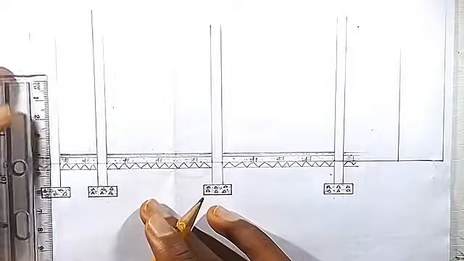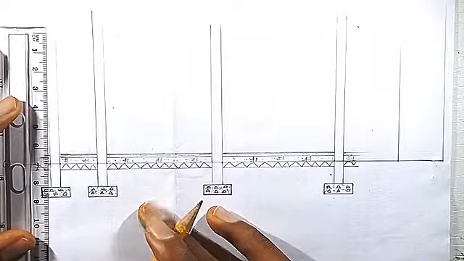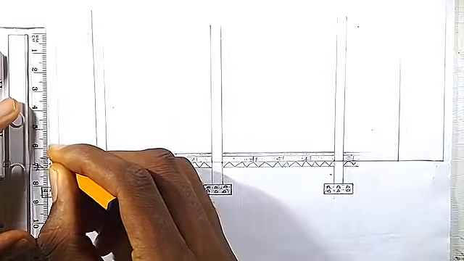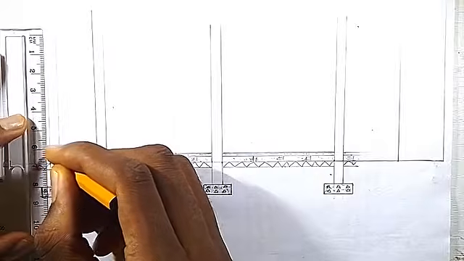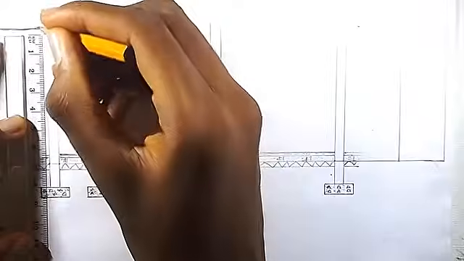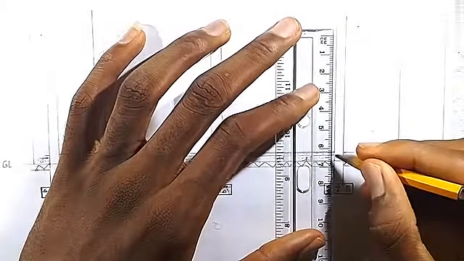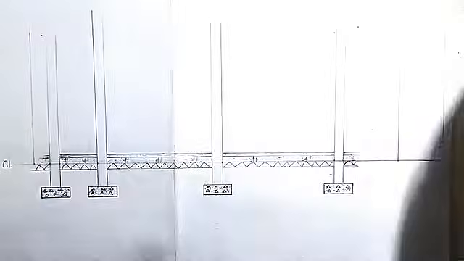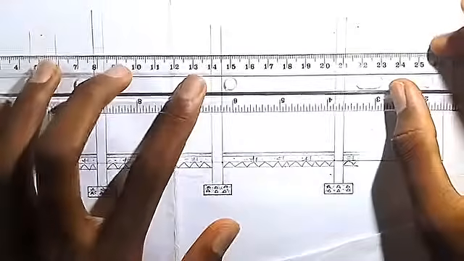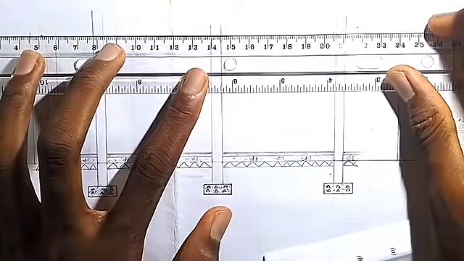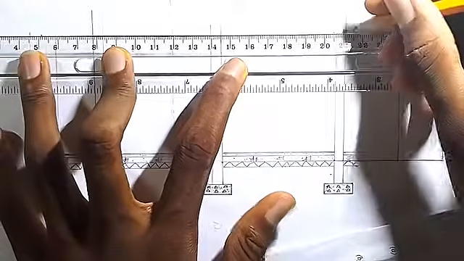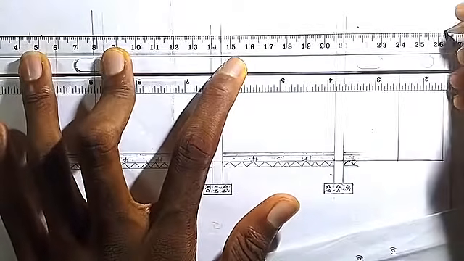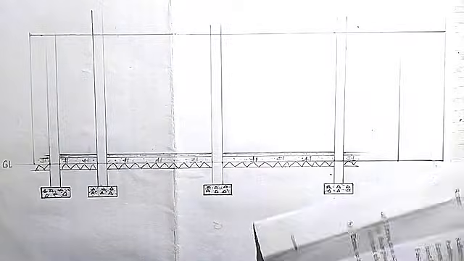So start from here, 6.3. So this is our floor to ceiling height.